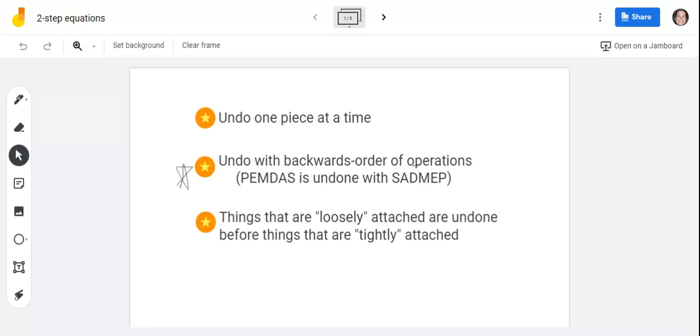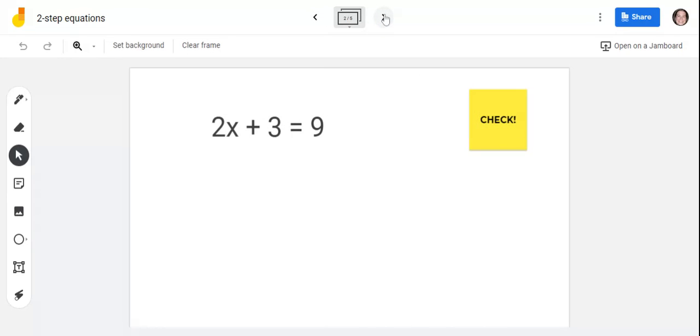So if we were together, I'd have two students lock arms, like you were going to do-si-do and swing each other around. Those would be tightly attached. And then somebody else just standing there poking one person in the shoulder, that would be a very loose attachment. Easy to knock that person away and say, stop touching me, where the other person is held on very tightly. All right, let's get into some problems.